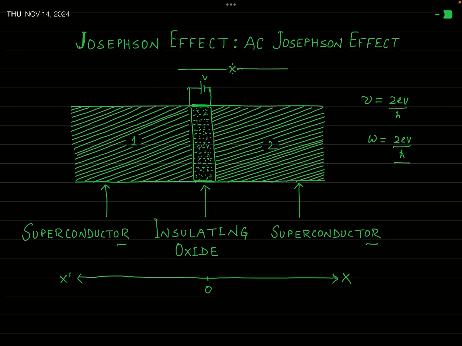Crudely, it is just analogous to the classical beat phenomenon in the superposition of two waves of different frequencies. When two waves of different frequency, let us say omega 1 and omega 2, get superposed, then, as you have studied in lower classes in the chapter on acoustics, a very important phenomenon called beats occurs.